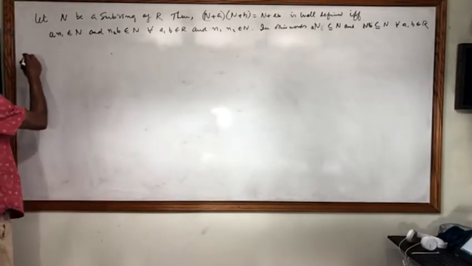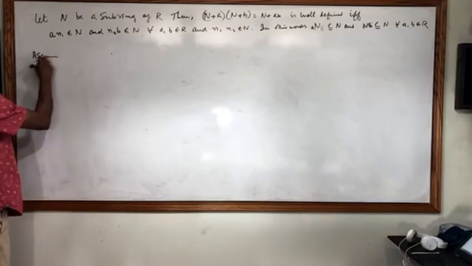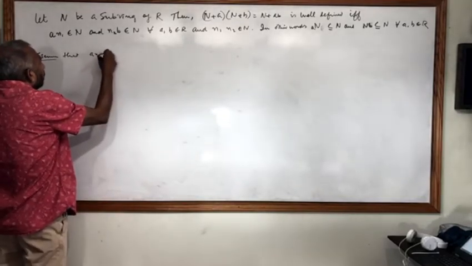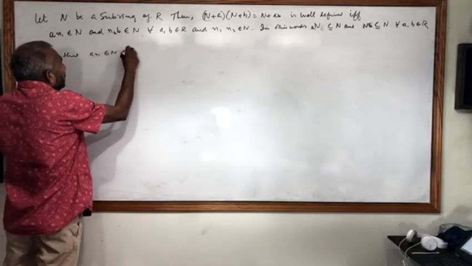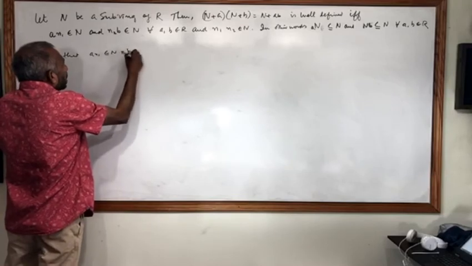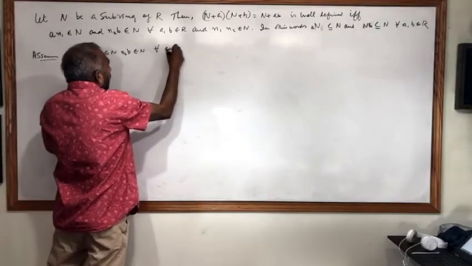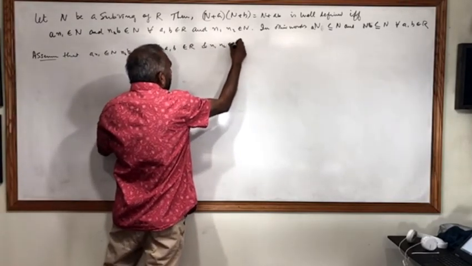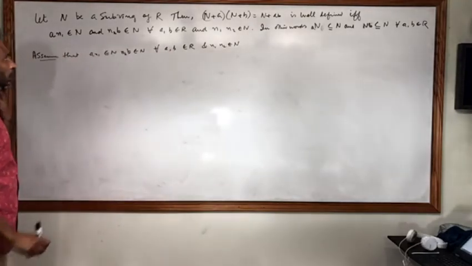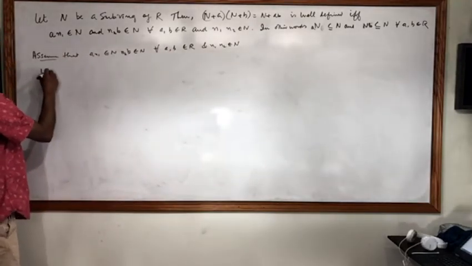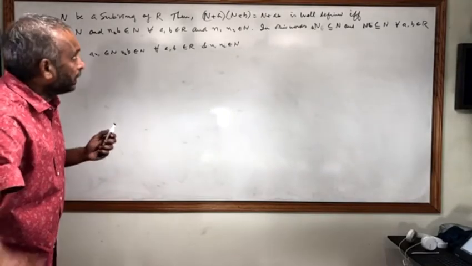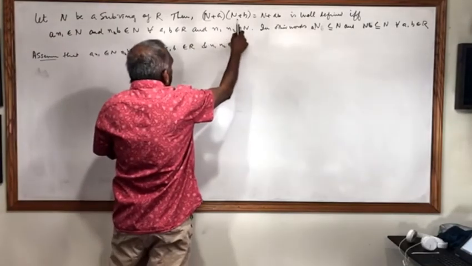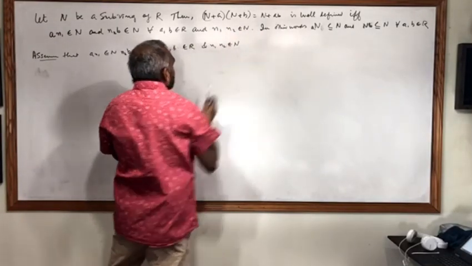So let us assume that A n1 belongs to N and n2 B belongs to N for all A, B in R and n1, n2 in N. Now what we can do is take a representative of this and a representative of this, so that you get the representative of the product.